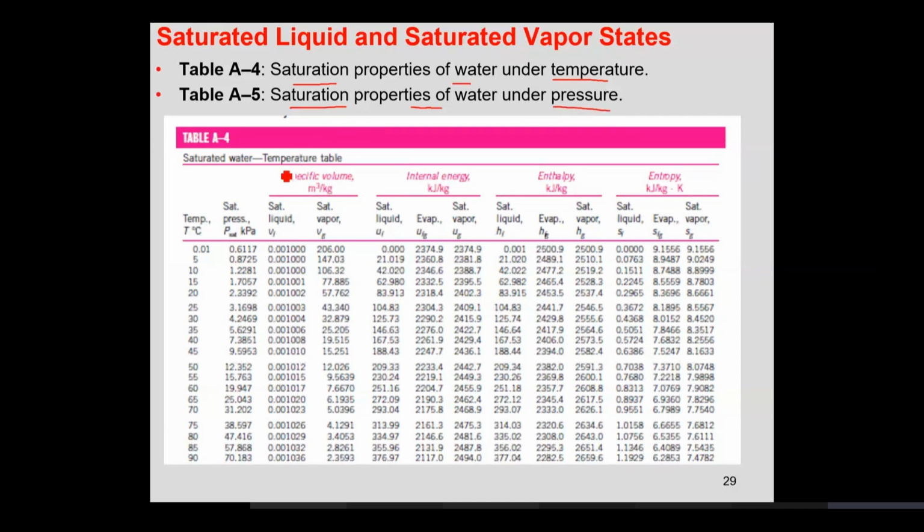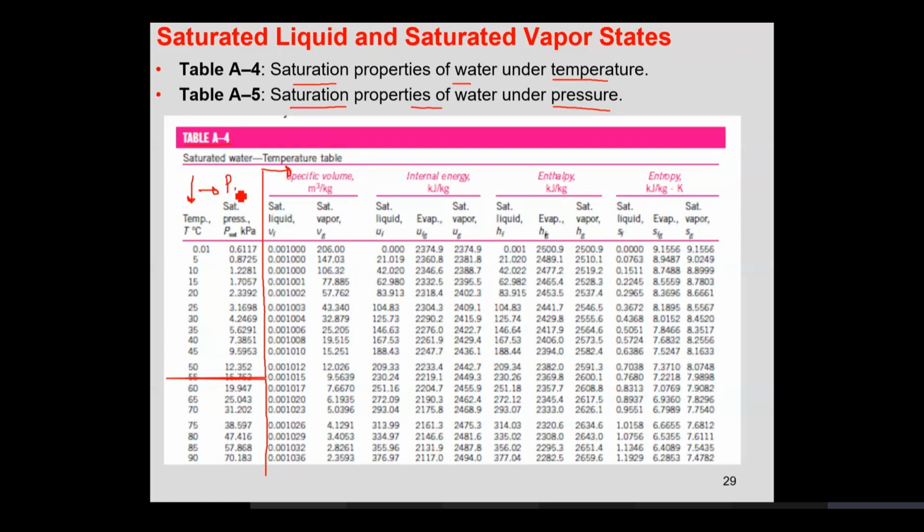Now, if I place a line over here, you don't need to worry about this side at the moment. The difference between A4 and A5 is in the first two columns. In table A4, the first column is temperature and the second column is saturation pressure.